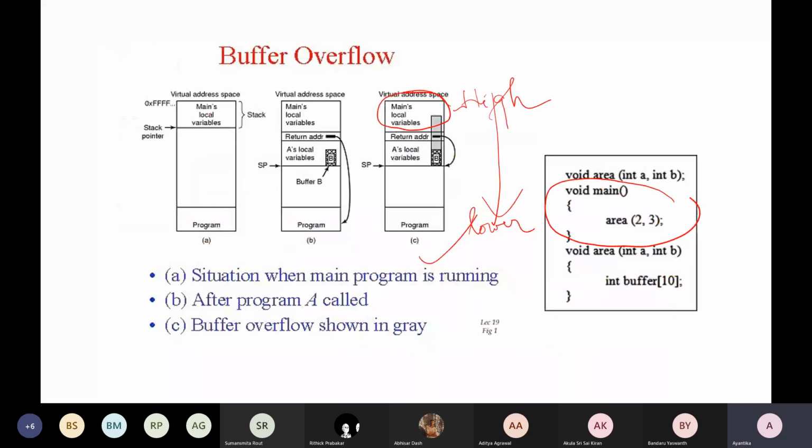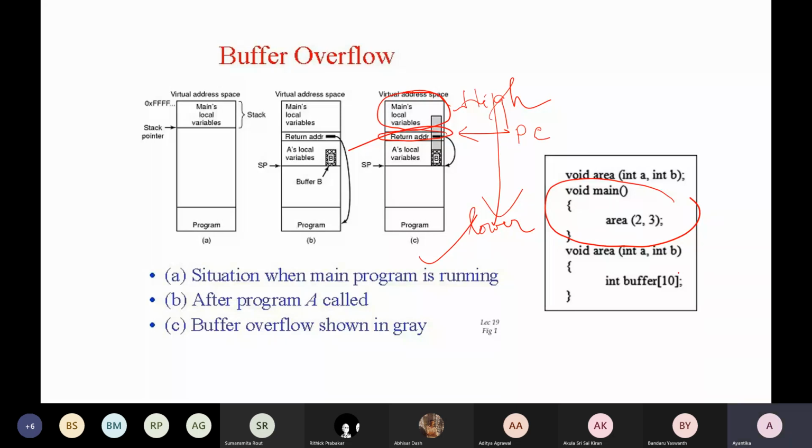Now the next is the return address related to main. This is the space for main's local variables, and when we complete the execution of the main function, this will be the return address to go back to. The PC will go to this return address.